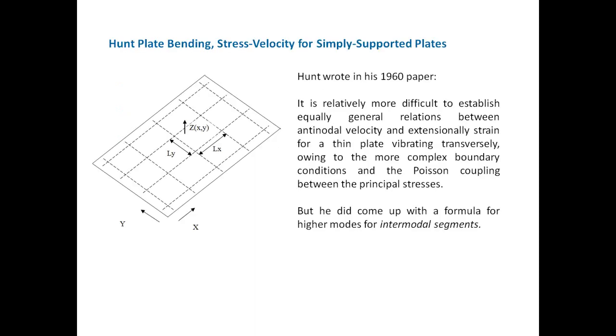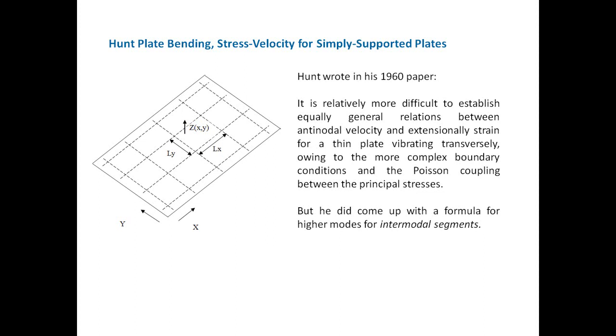So here we have Hunt's plate bending stress-velocity relationship for simply supported plates. Hunt wrote in his 1960 paper, it is relatively more difficult to establish general relationships between antinodal velocity and extensional strain for a thin plate vibrating transversely, owing to the more complex boundary conditions and the Poisson coupling between the principal stresses.